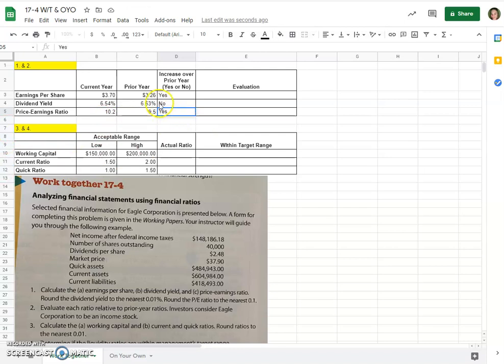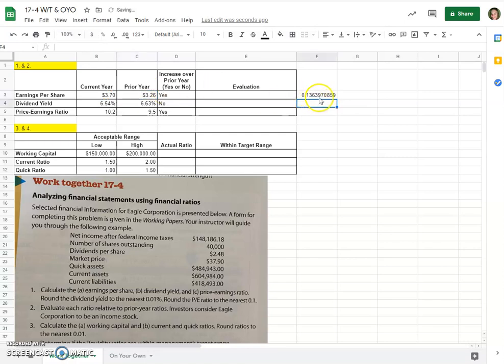So what would our evaluation be? Well, probably we would want to know the percentage that EPS increased by. That would be my most likely guess. So let's see, it equals this minus this, and then we'll just divide by the prior year again.